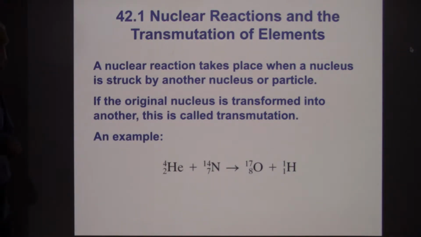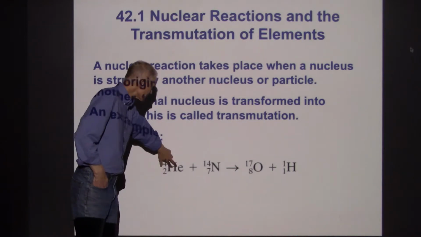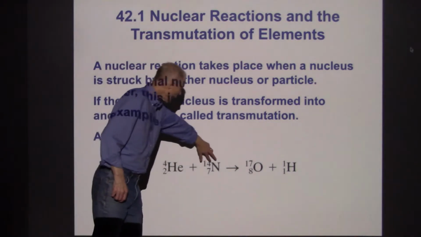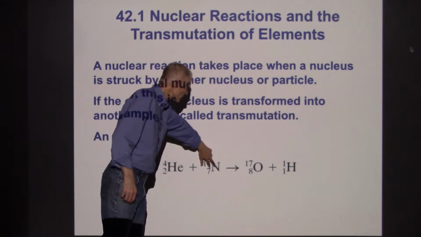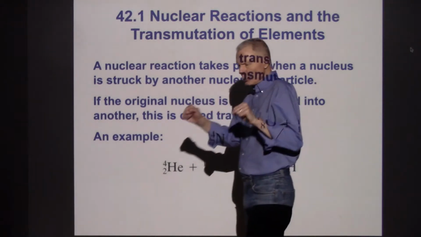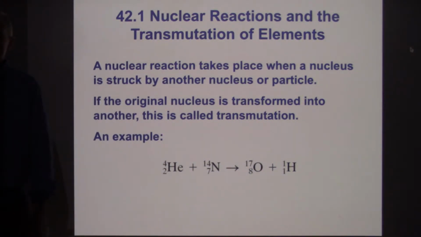We have to, in order to set off a nuclear reaction, it's going to be the nucleus of the helium, the protons and neutrons in here, reacting with the protons and neutrons in here. And so nuclei repel each other. They're positively charged.